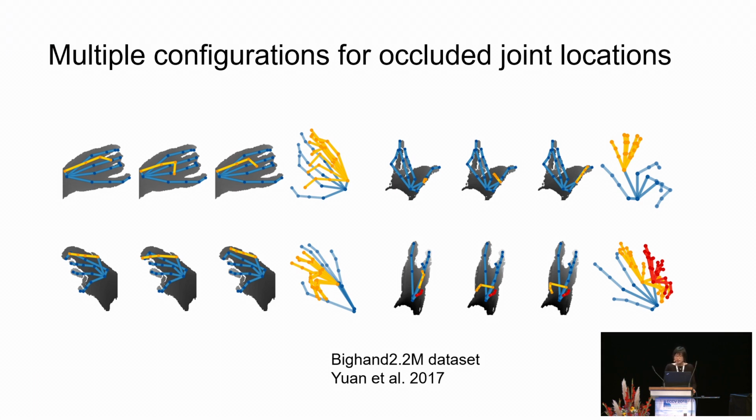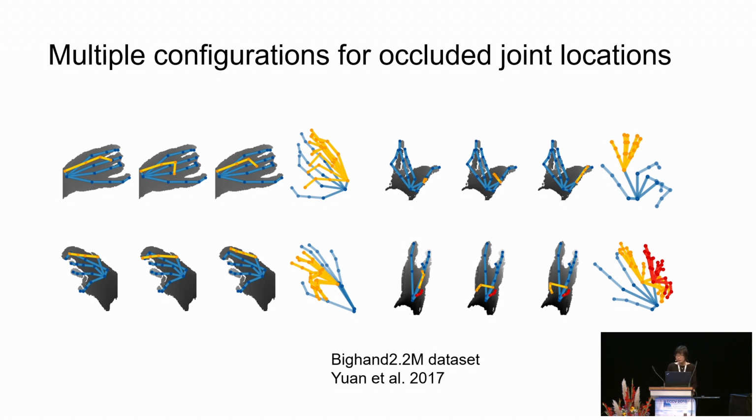Here we have some example images from the BigHand dataset, which was released in 2017. The blue skeletons are the ground truths for the visible joints, and the skeletons in other colors are for occluded joints. So for these cases, if we use the mapping function, the function needs to learn input X to multiple pose configurations.